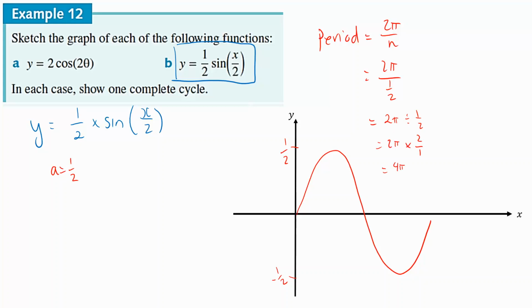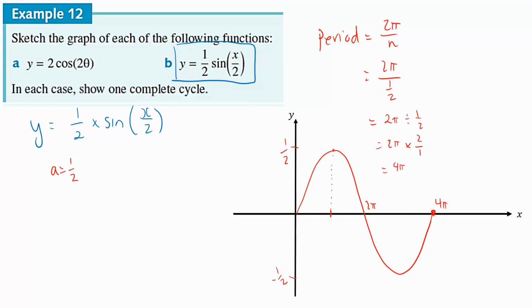Now the cool thing here is, if you know this is 4 pi, which is the length from here to here, this is all symmetrical. Remember, in the unit circle, everything's symmetrical, the top half and the bottom half. Now it's the same thing. If this is 4 pi from here to here, then from here to here it would be 2 pi, because you're halving the length. And this is the center, which is a quarter of a circle.